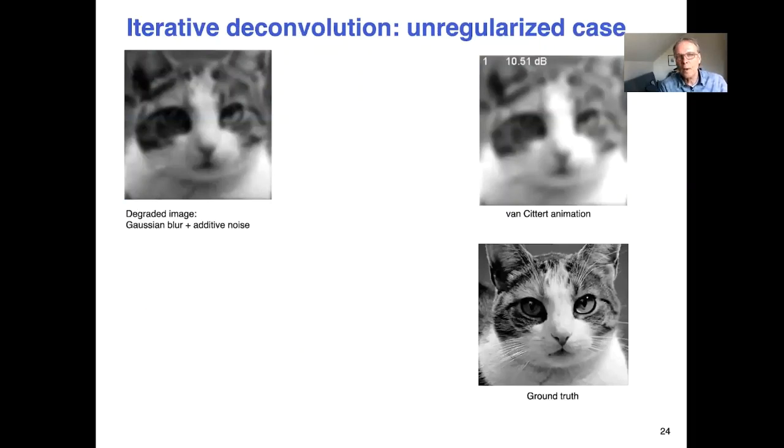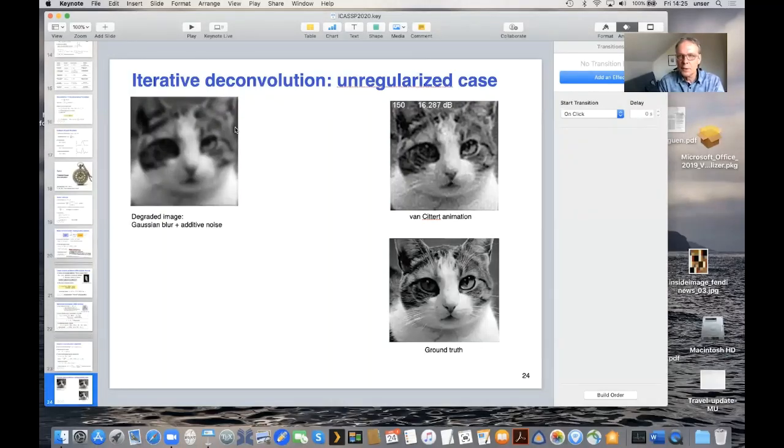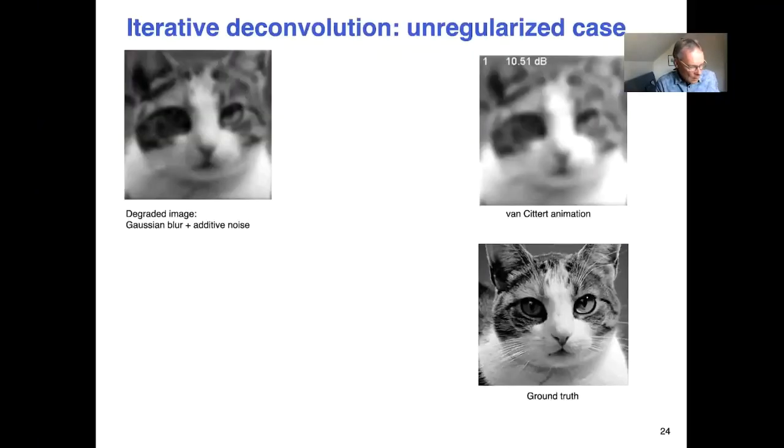Now, let me show you a little how this works. This is super basic in some sense, but it shows you interesting things. Here is an image that is blurred with additive noise.